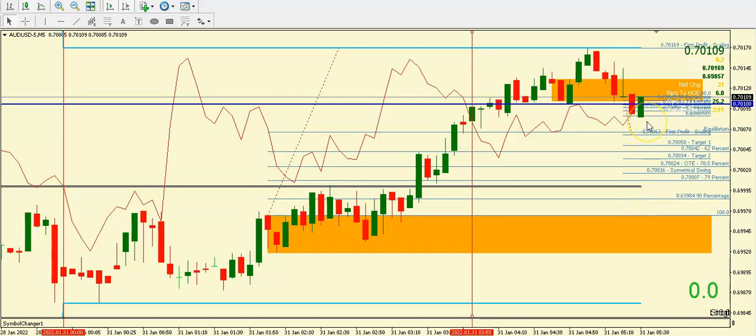So right now, if price treats this low and this high here as a fair value gap, it would be the first fair value gap after this structure is broken, this swing low is broken. So price would come right up to it, right up to here. Probably pass it by 1 pip or a few pipettes because this is the 5-minute chart, and then turn around and drop.